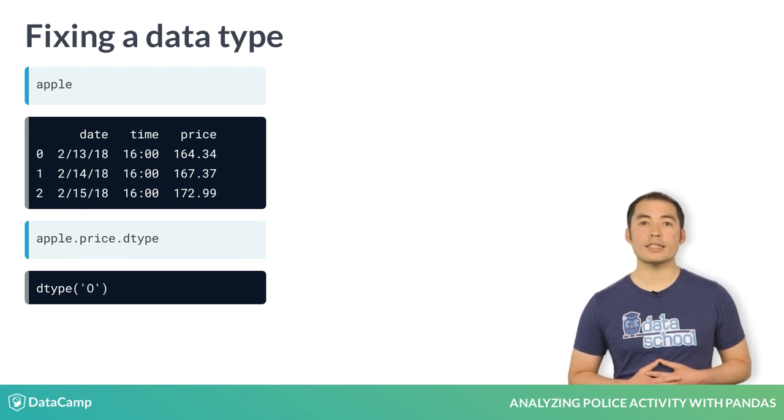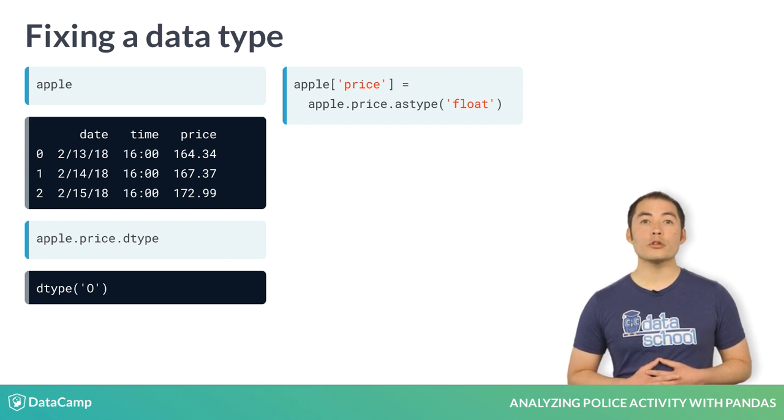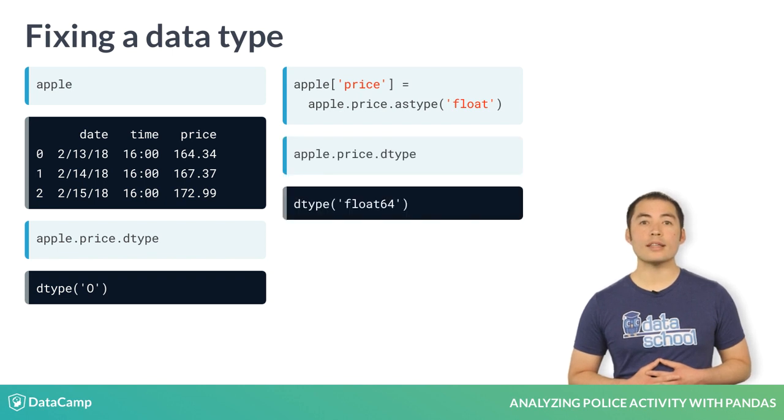To change the data type of the price series from object to float, you can use the astype method, to which you pass the new data type as an argument. Then, you simply overwrite the original series. If you check the data type again, you can see that it has changed to float.